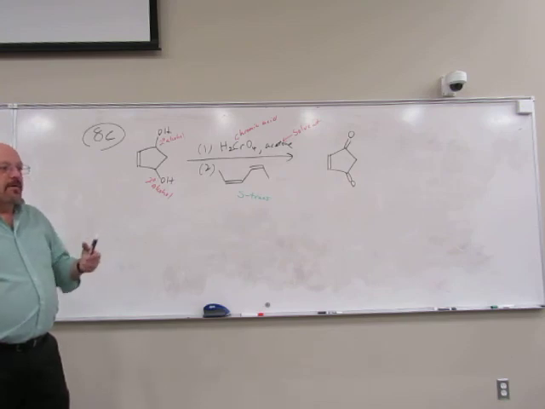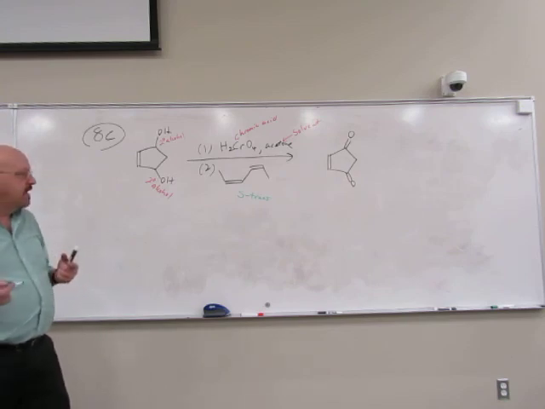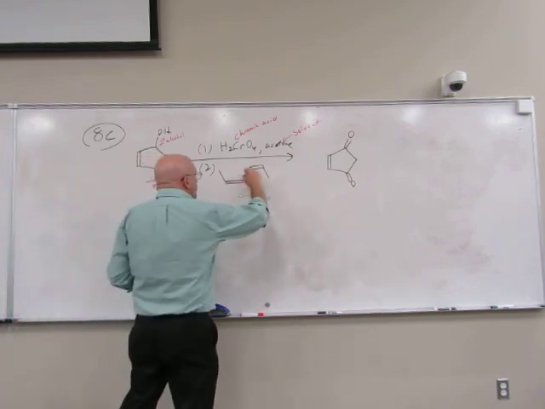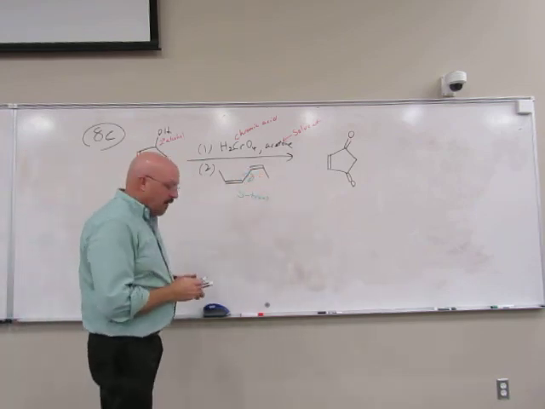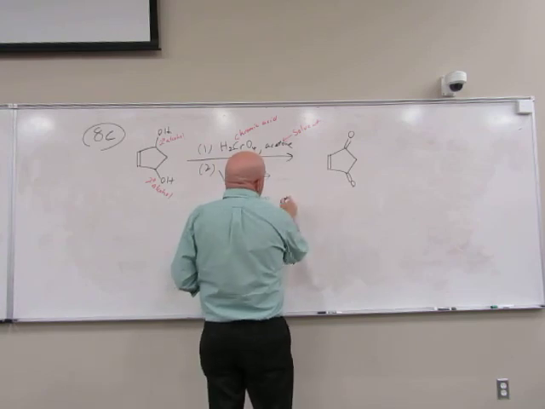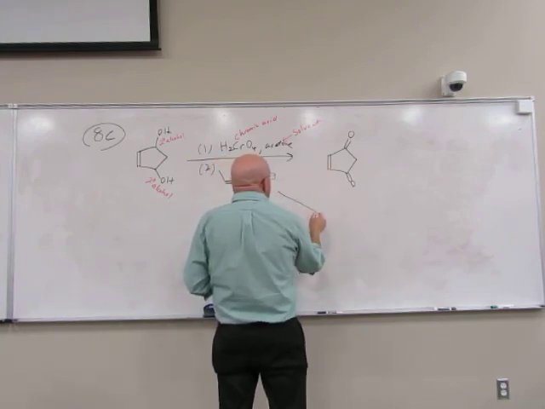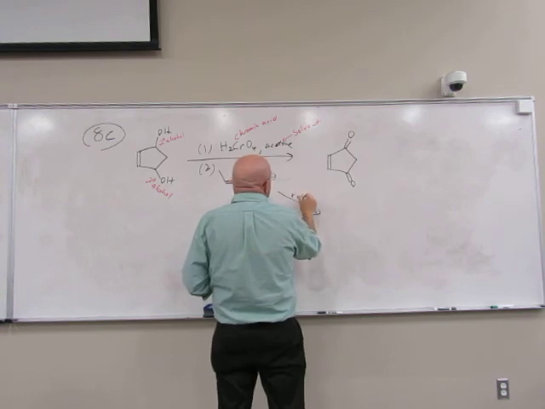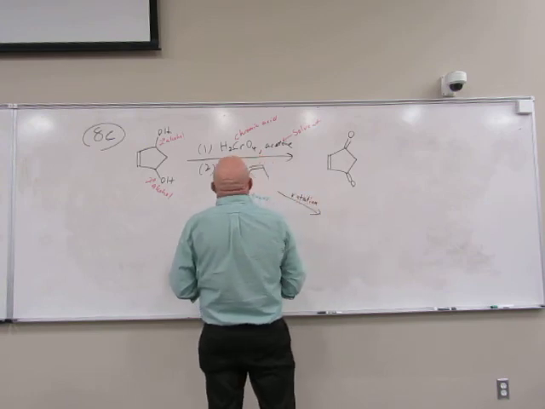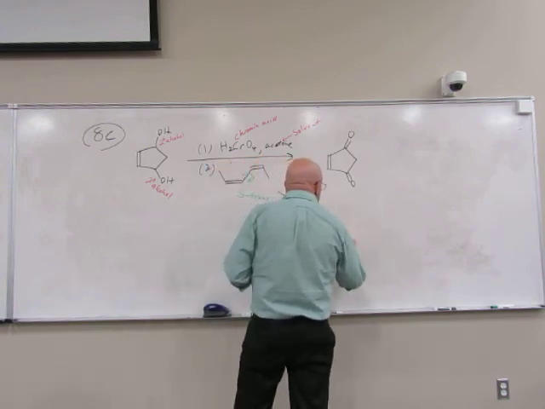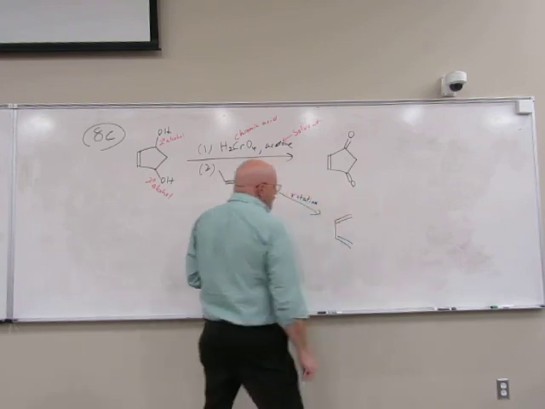You're going to think Diels-Alder reaction anytime you have a diene, but with Diels-Alder they need to be in the S-cis conformation. So let's rotate around this bond to get it in the correct conformation, and then we'll react it with the molecule that we made up here. So we're going to do a rotation around that single bond and get it into a diene.